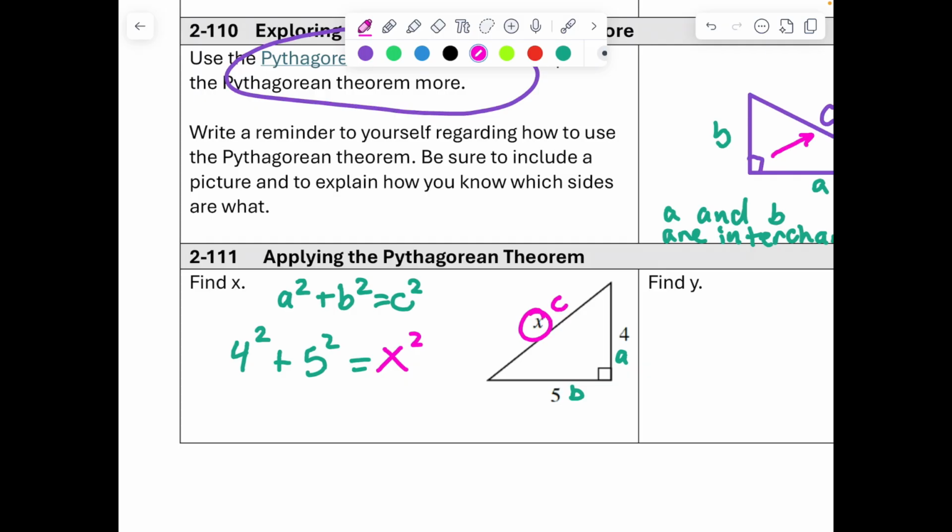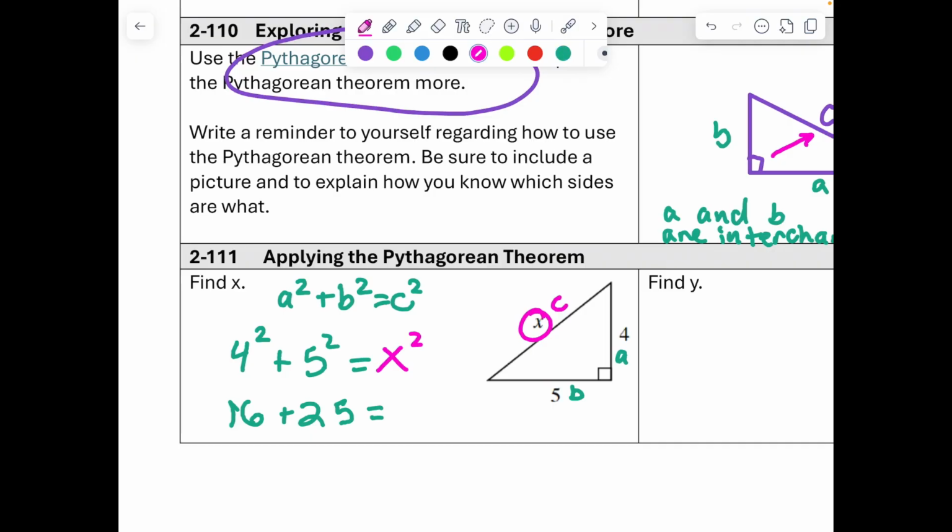Now, when you are squaring a number, that is taking the number and multiplying it by itself. So this is really 4 times 4, right? This is 5 times 5, and this is x times x. That's what's going on there. And of course, you can always punch these into your calculator as well. 4 squared is 16. 5 squared is 25.